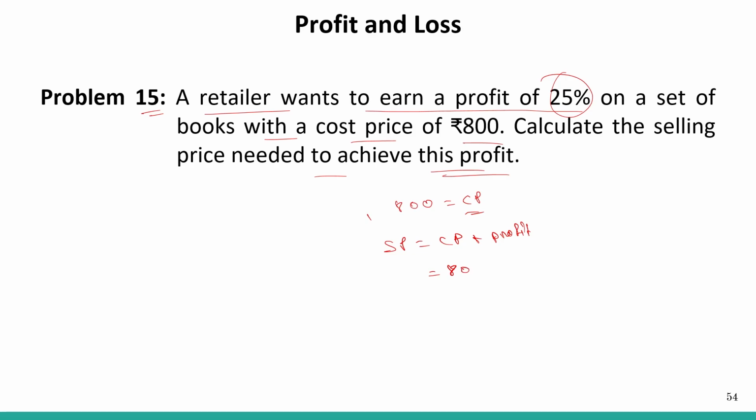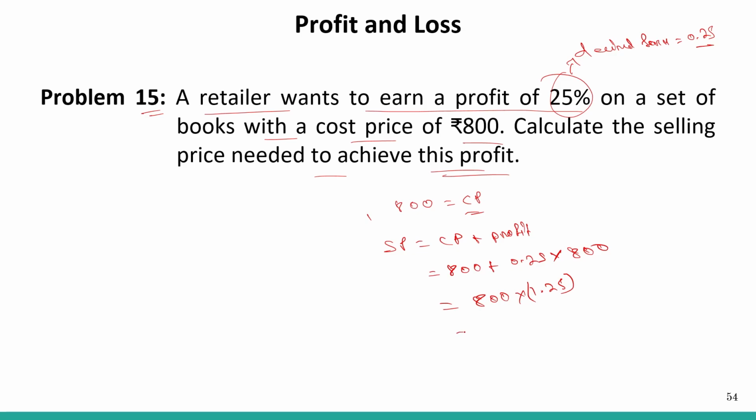So CP is equal to 800, and profit will be what? The decimal form of this. So decimal form is equal to 0.25, right? So this much into 0.25 into what? 800.